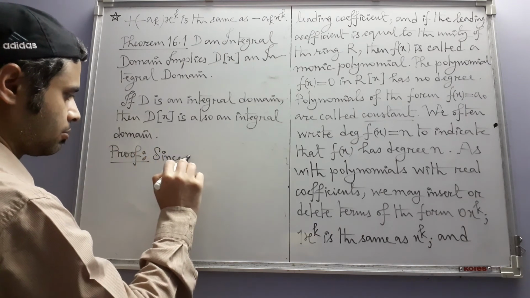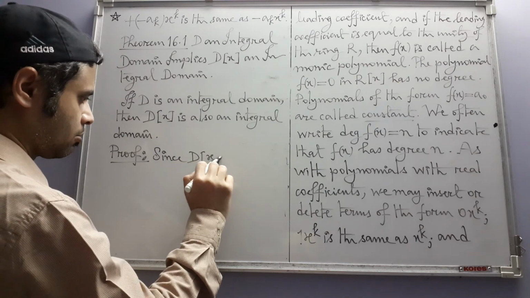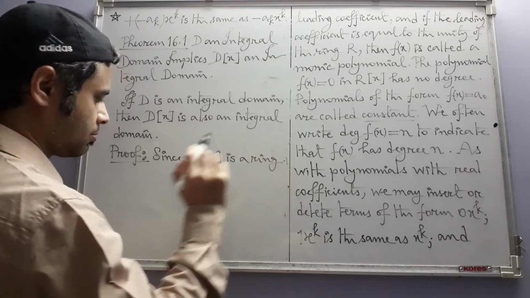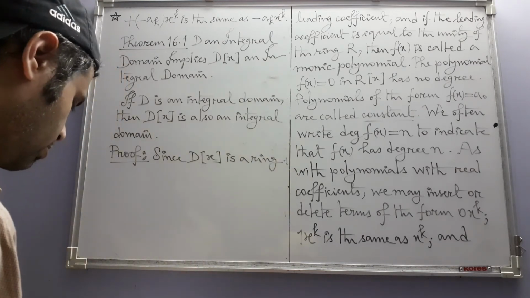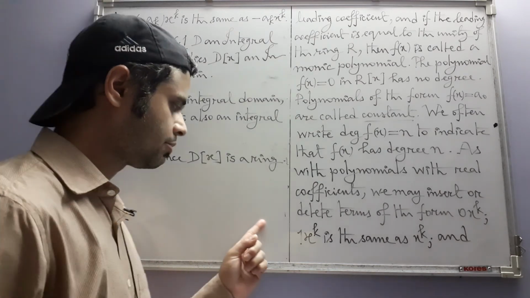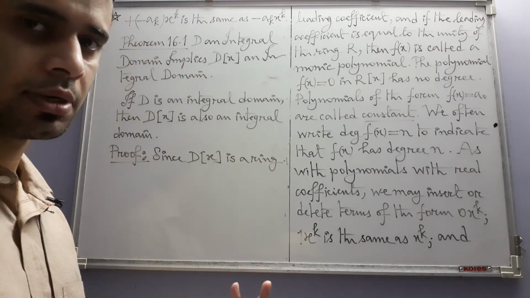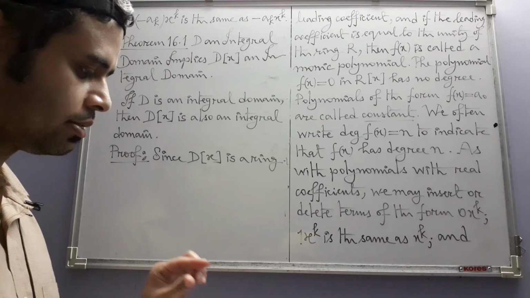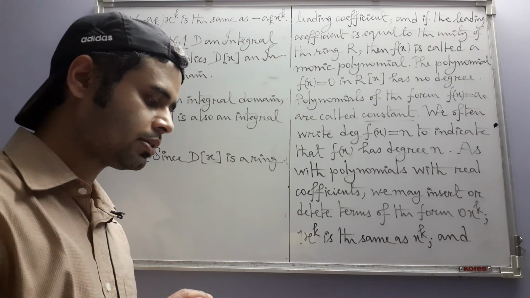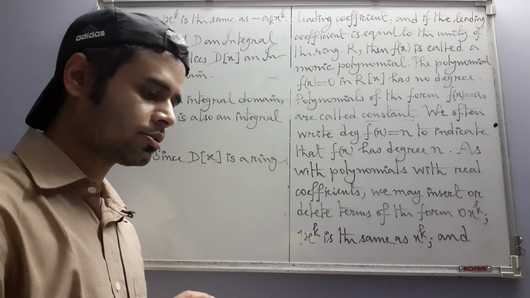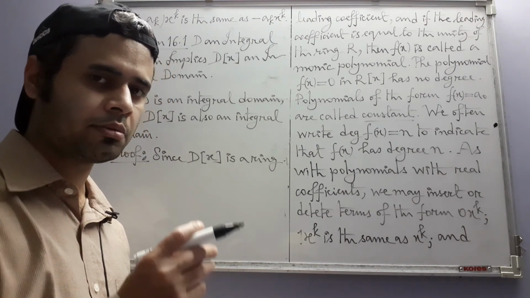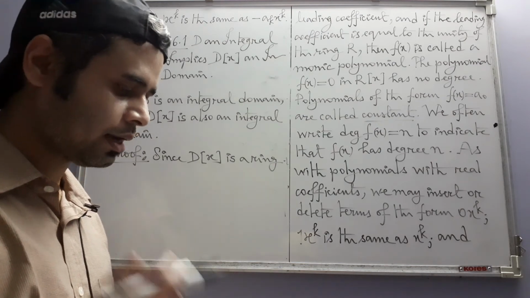Since D[x] is a ring. Oh, I think I forgot to mention some things now. After performing that calculation where we found the sum f(x) plus g(x) and the product f(x)g(x), there is one small paragraph where the author says, our definitions for addition and multiplication of polynomials were formulated so that these operations are commutative and associative, and also so that multiplication is distributive over addition.